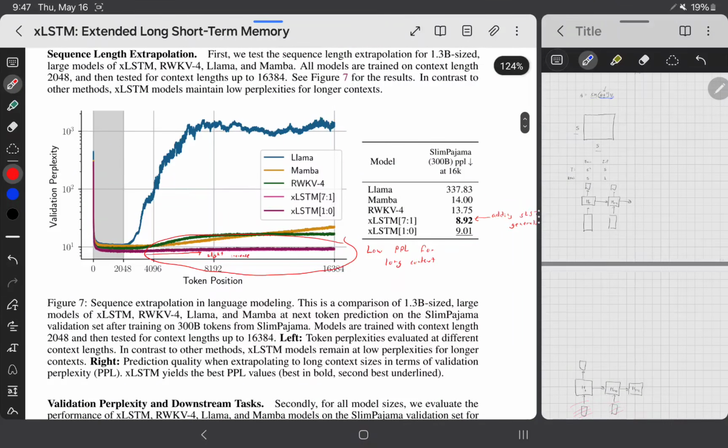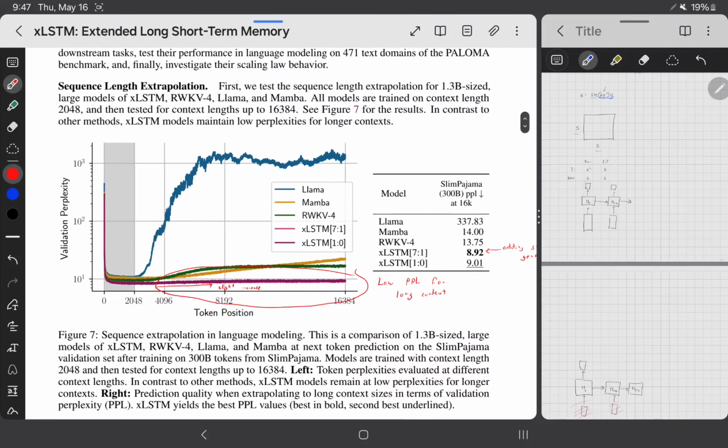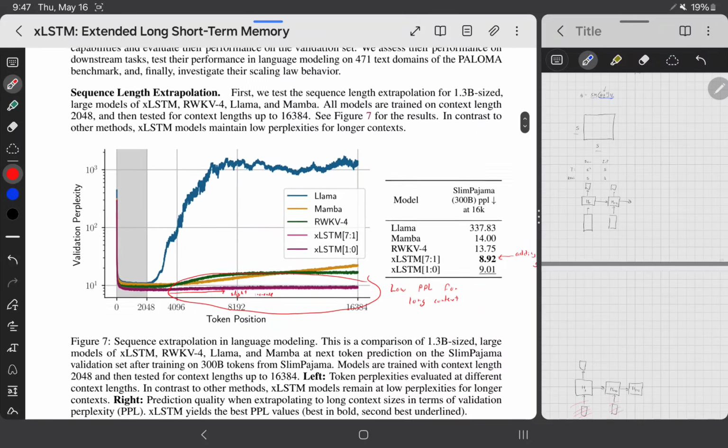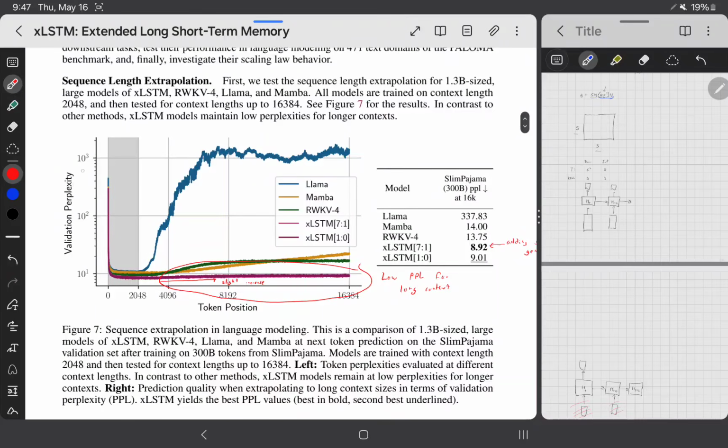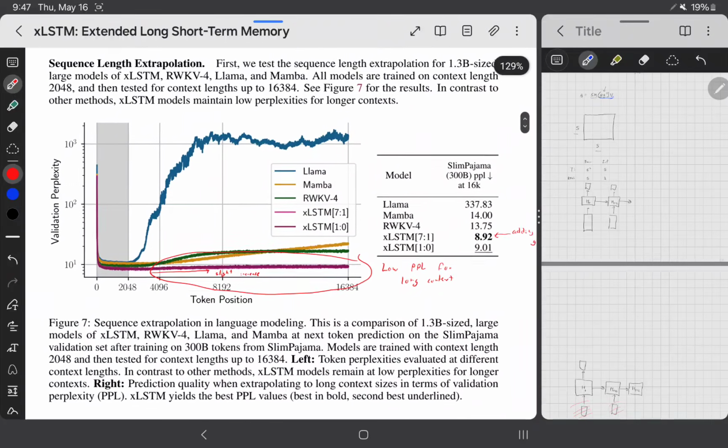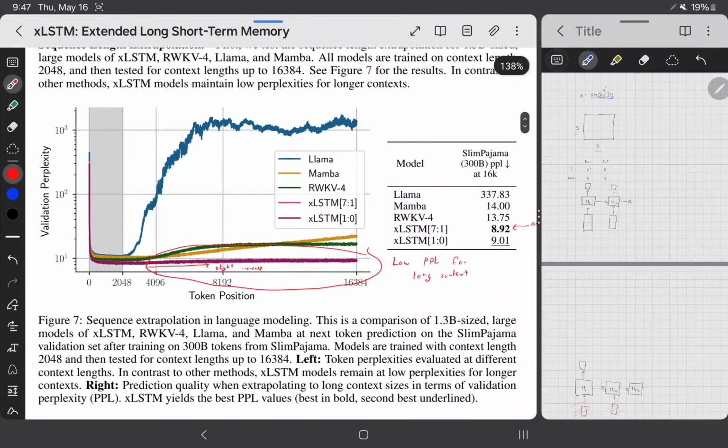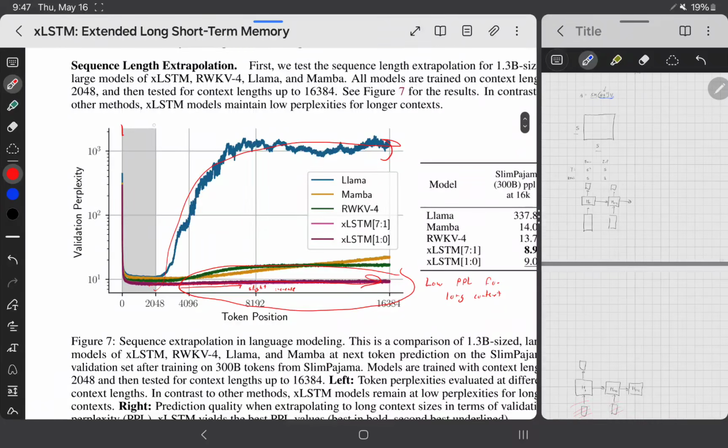During inference, you would expect this thing to do quite well in terms of memory, and it also does quite well in terms of perplexity. If we look at the perplexity, the models for xLSTM stay pretty low. The perplexity stays low, while for a Llama model, it dies, and that's because of the terrible positional encodings.